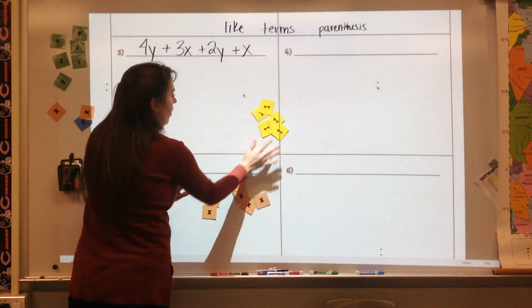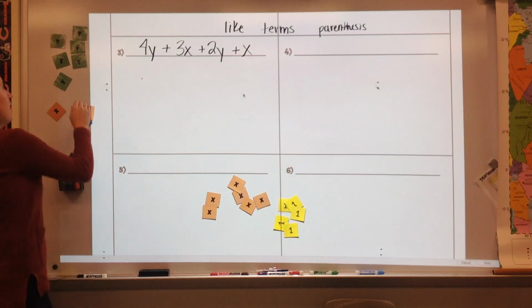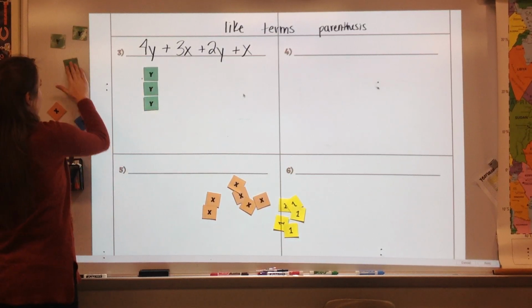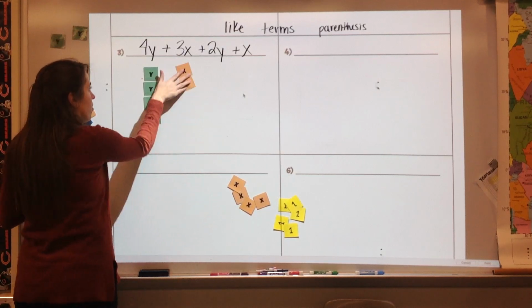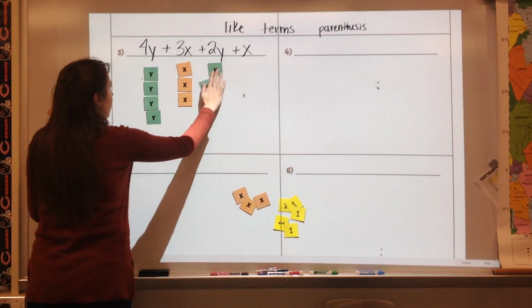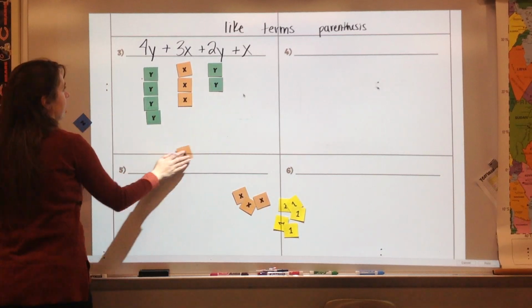So let's visualize these with our manipulatives here. This time we've got y's, so we have 4 y's, we have 3 x's, we have 2 y's, and then we have an x.